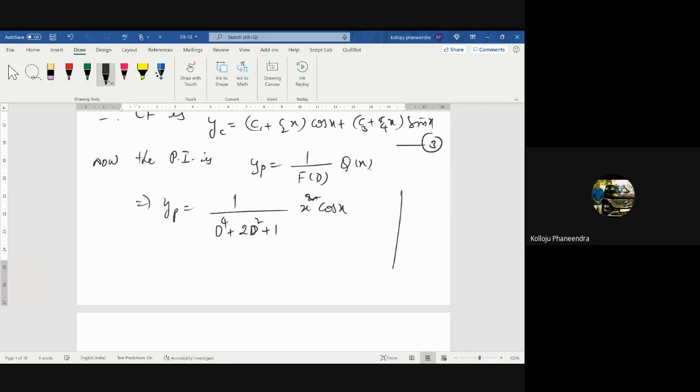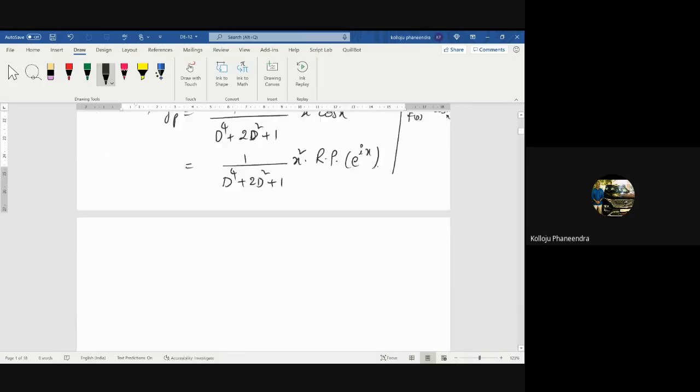So what is the model? 1/f(D) times x^k times V(x), and this is cos x, the cos mx model. So I have to write this as 1/(D^4 + 2D^2 + 1) x^2 times the real part of e^(ix).